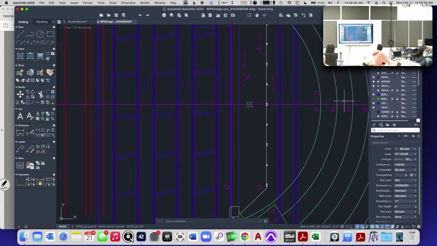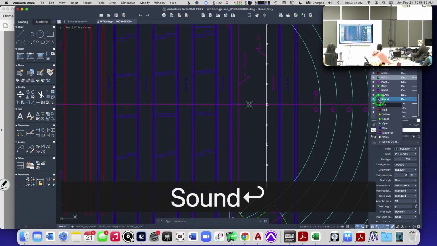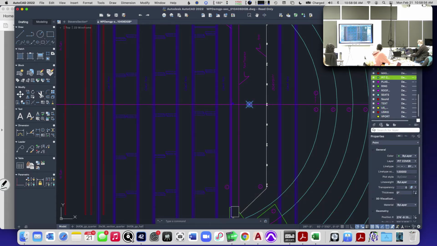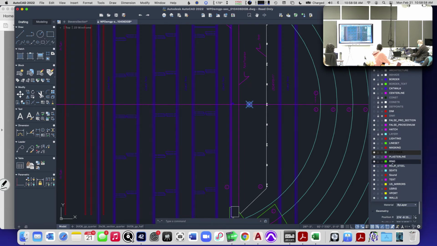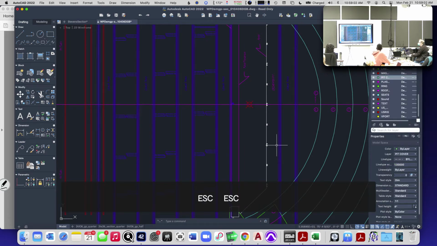There we go. Do I have a layer already here or not? I don't. All right, let me make a layer. We'll do the red again since that's what we were doing. So that's about where it sits.